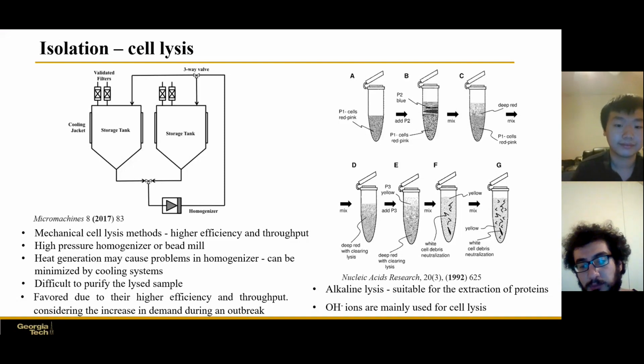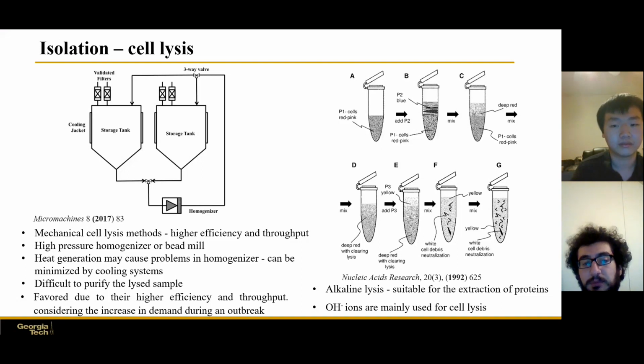It's also important to note that the high rate of heat generation in the high pressure homogenizer method can be a problem, but this is usually minimized, controlled by applying some cooling systems. And it's also the fact that it is difficult to purify the samples which have been lysed by mechanical methods.